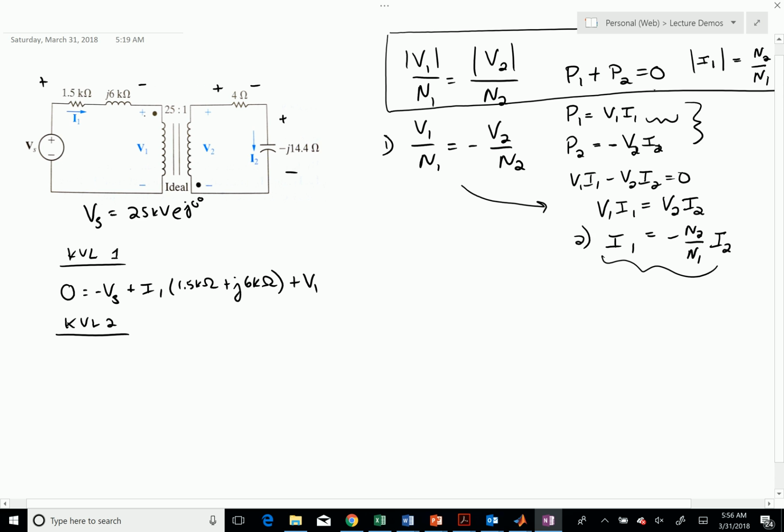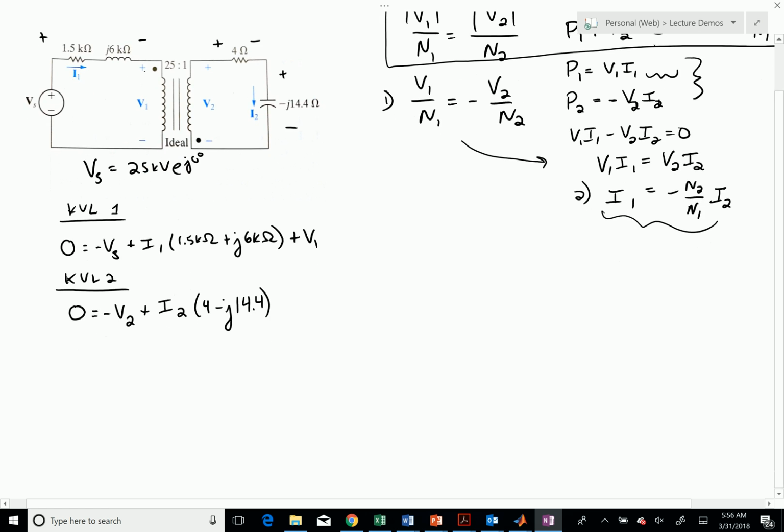My KVL2, which is basically now, if I go again clockwise on the secondary side, I get the same relationship as before. 0 equals minus V2. So now I go minus to plus, then I go plus to minus. So I say plus I2 times 4 minus j 14.4. So V2 equals I2 times 4 minus j 14.4.